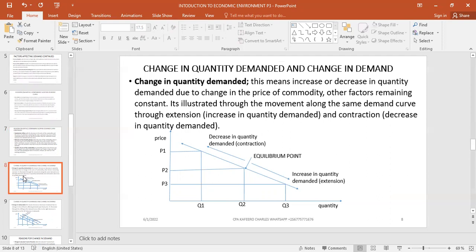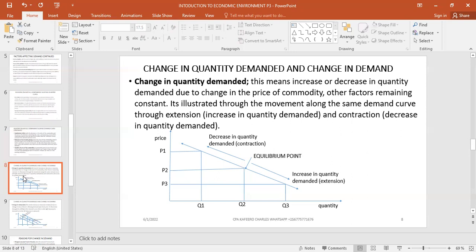Change in quantity demanded means an increase or decrease in quantity demanded due to change in the price of the commodity. Then we also keep other factors constant because it is following the law of demand. This means it is two-way because it is a change.